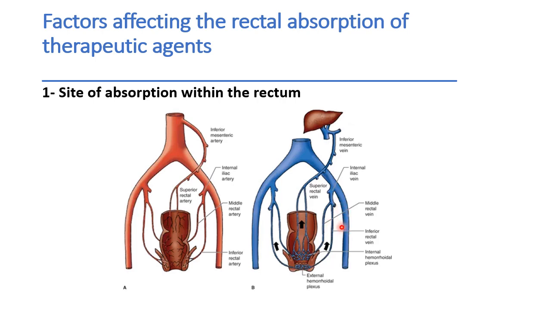Therefore, the metabolism of therapeutic agents will depend on the location of the dosage form in the rectum. It should be noted that it is difficult to ensure that drug absorption occurs exclusively through the inferior and middle rectal veins. Therefore, first pass metabolism of the therapeutic agent might occur following rectal administration.